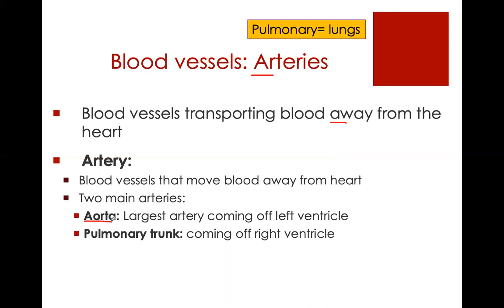And we have one main branch coming off of your right ventricle called the pulmonary trunk. Pulmonary implies your lungs, so the pulmonary trunk takes blood away from your right ventricle and takes that blood to your lungs.